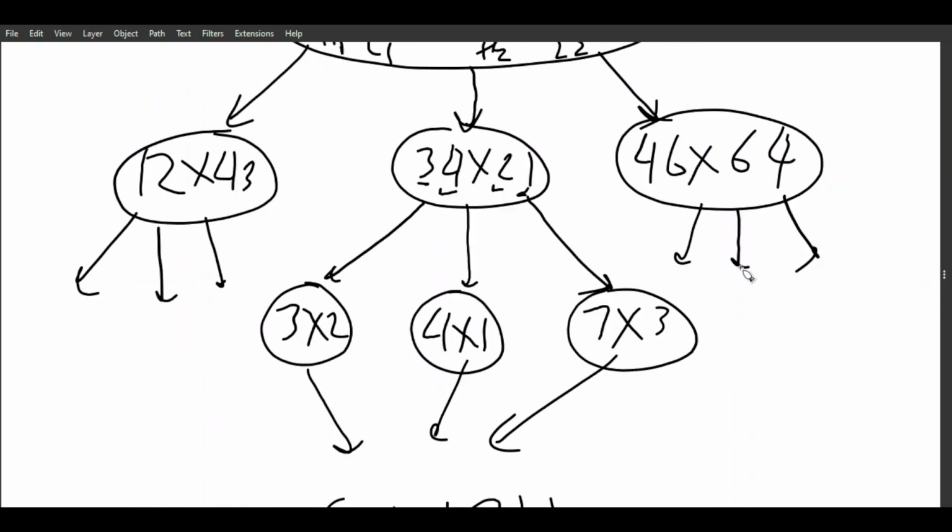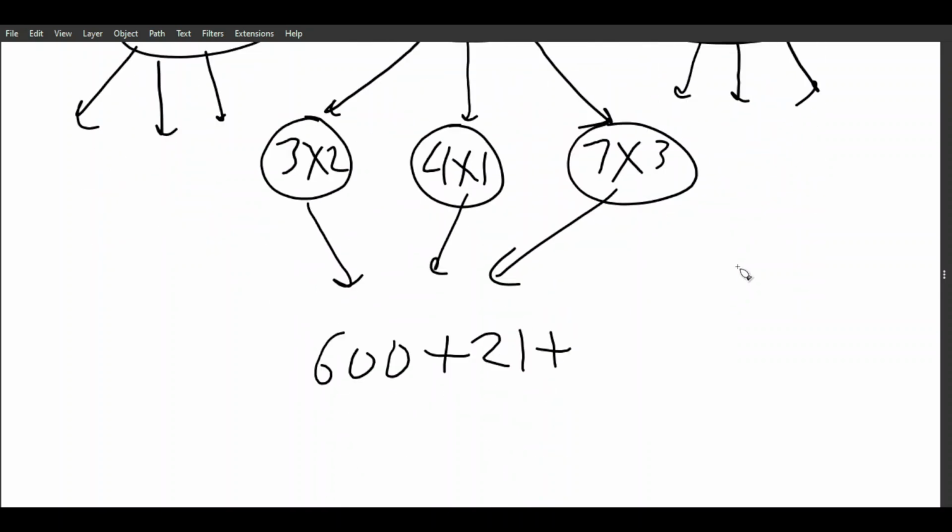So here the third subproblem is 7 multiplied by 3, just correct this, 4. This is the second subproblem, 4. So 600 is h1 h2 multiplied by 100. L1 L2 is 4.